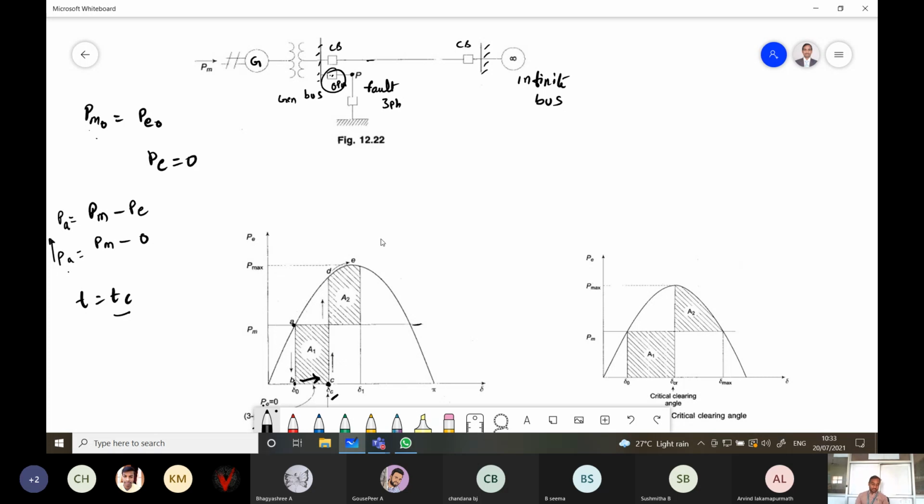Tc is taken as the clearing time, and delta C is called the clearing angle.